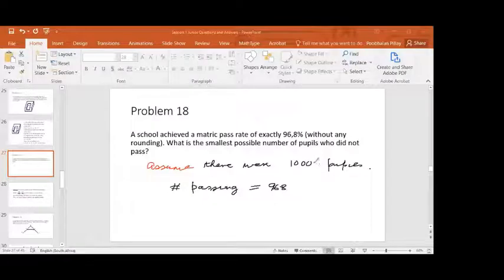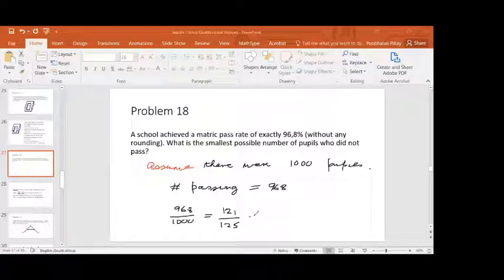Right, so if you had 1,000 pupils, 32 would have failed. Right? So the passing ratio would have been 968 out of 1,000 passed. But this can be simplified. You see, 8 can go at the top there when you check it out, and 8 can go at the bottom, and you get 121 over 125. 8 goes into this 1 to 1 times, and this cannot be simplified any further.